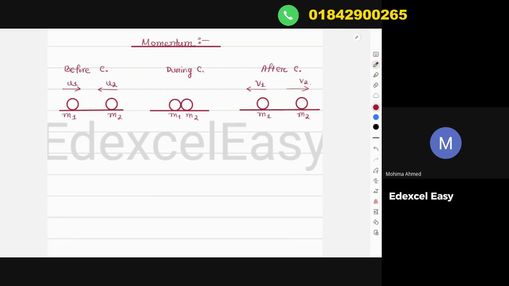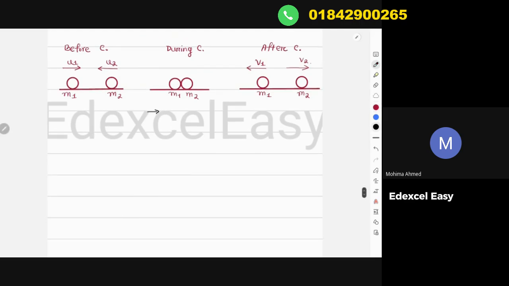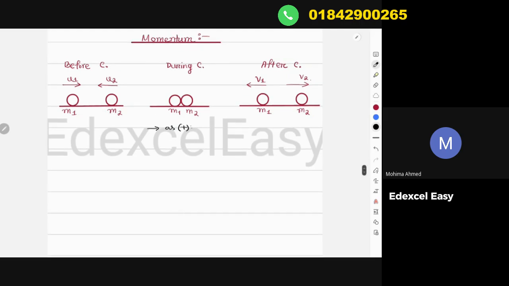So I have to specifically consider taking one direction as positive. So for my simplicity, I'm going to take the direction towards right as positive. And you should always write this on top of your maths, which direction you are assuming to be positive. So over here, in that case, this u1 is positive, u2 is negative, v2 is positive, and v1 is negative, right?